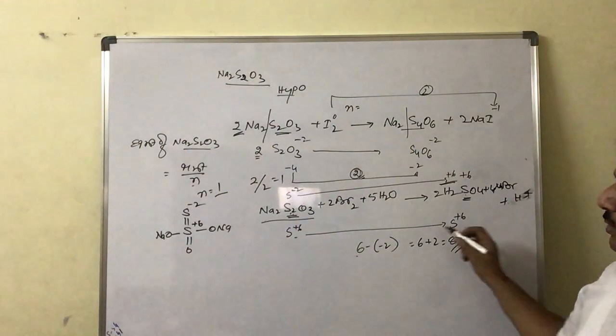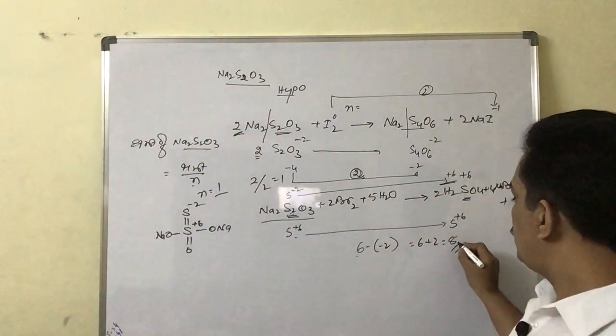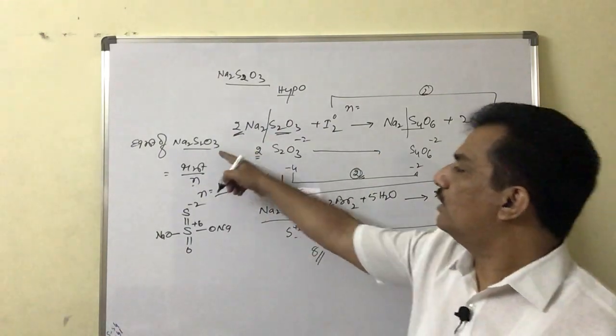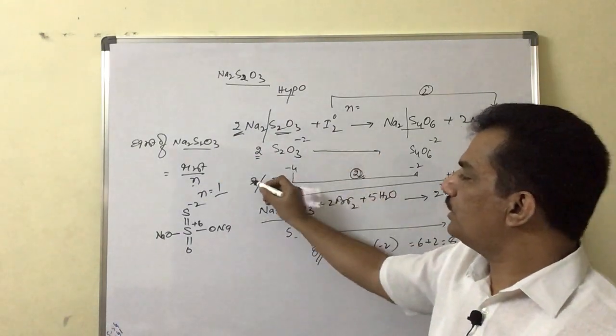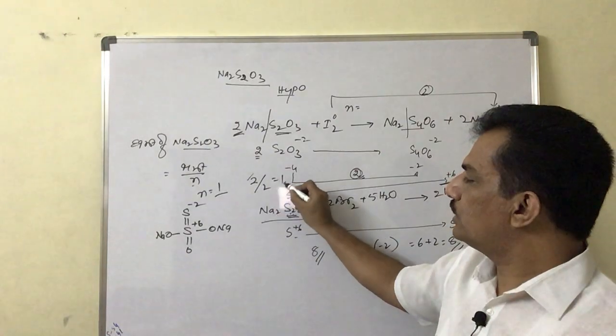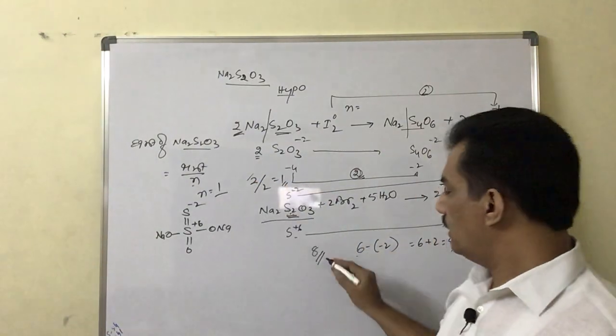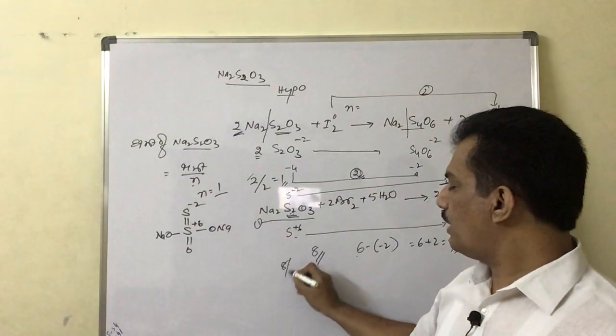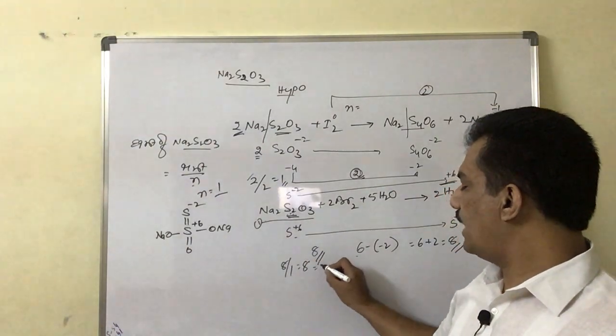So for this one molecule, the change in oxidation state appears to be 8. In the earlier case, when 2 molecules were involved, it was 2, and thereby 2 by 2, that is 1, is the N factor. Here when one molecule is involved, it is 8, thereby 8 by 1, that is 8, is the N factor.